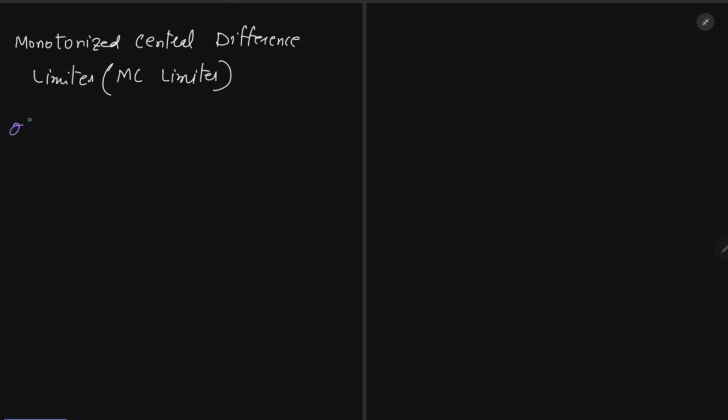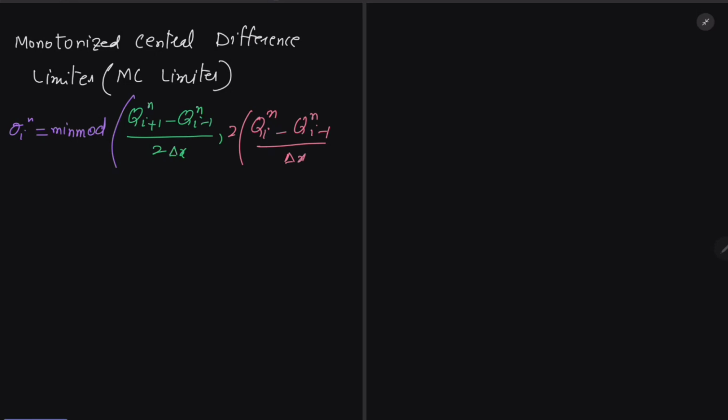It is defined like this: sigma I, the slope. This is minmod, and it chooses the value from the first argument, which is Q n I plus 1 minus Q n I minus 1 divided by 2 delta x. Then we have 2 times Q n I minus Q n I minus 1 divided by delta x.